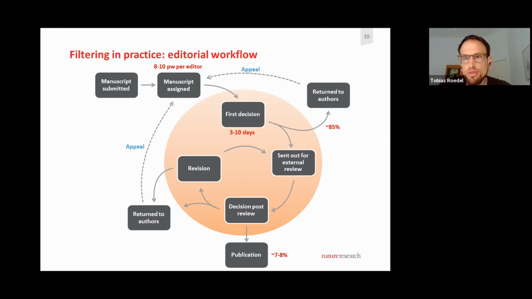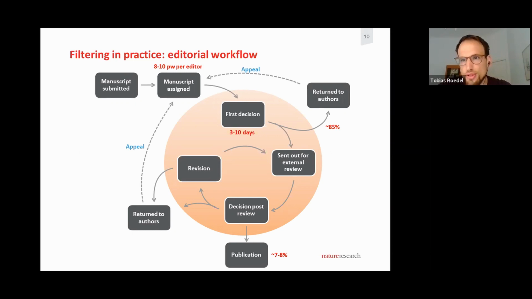So what happens basically when you submit a paper to us. The manuscript is assigned by my team leader, and I read about 10 manuscripts per week. So I have the time to thoroughly read your work. And then we make our first decision, usually within a week, let's say. We try to be as fast as possible.